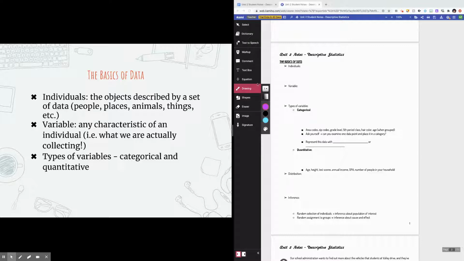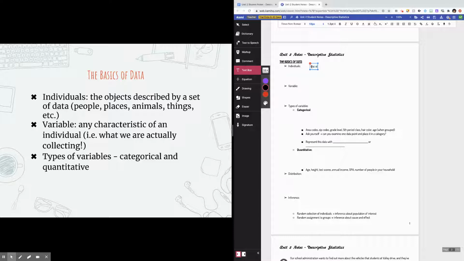So hopefully you know some of this already, either from being exposed to it in a previous math class, a previous science class, or possibly from what we've done with studies and experiments. When you're talking about data, we always are observing data about individuals.